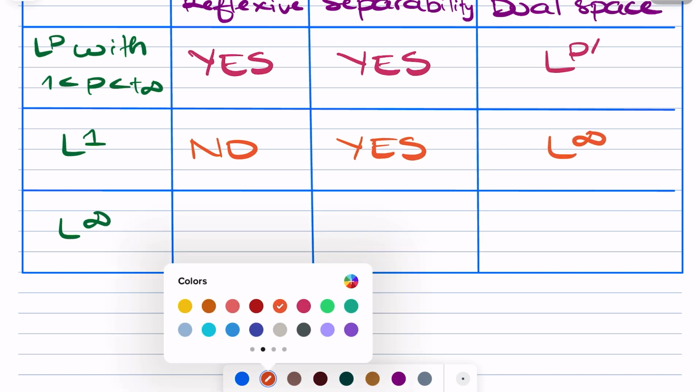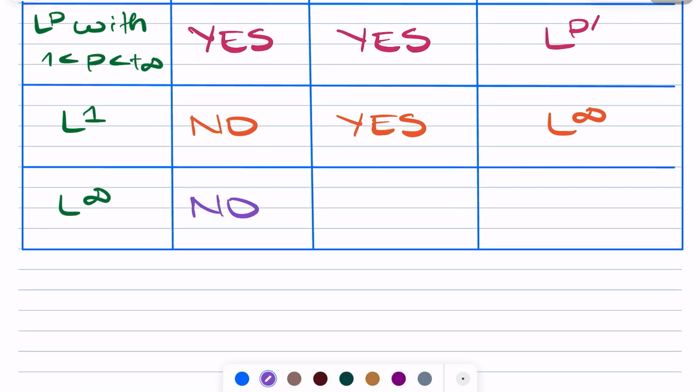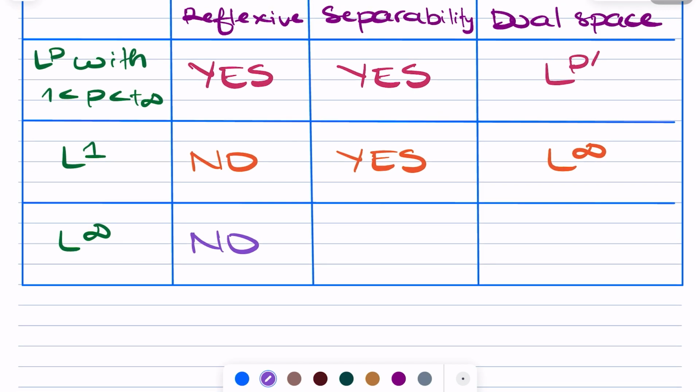And finally, L infinity is not reflexive, not separable, and the dual space is strictly bigger than L1.